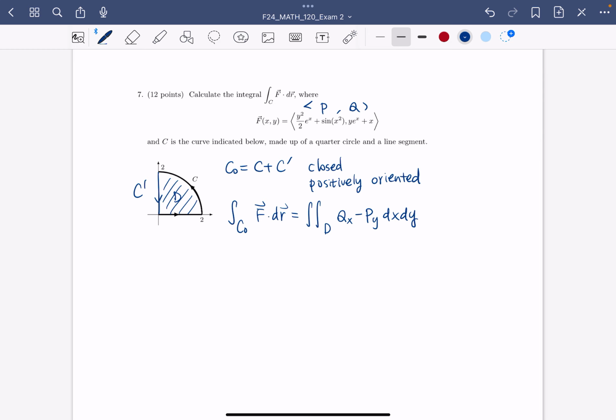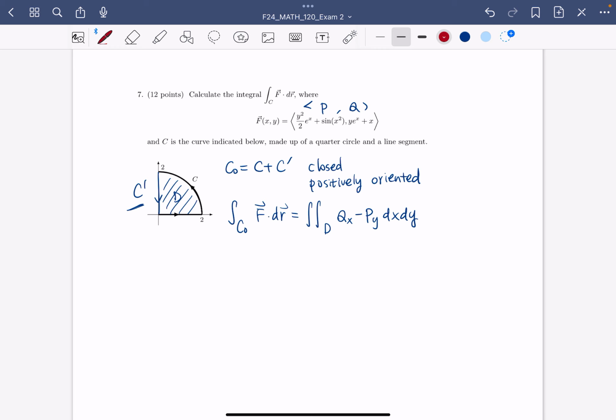Okay, this is one way we could approach this problem. But before we do this, let's check if our curl is nice enough for us to carry out this computation easily. Because if it doesn't simplify this problem, we also have to compute another line integral for the curve C prime. Then in total, this way may not be easier.